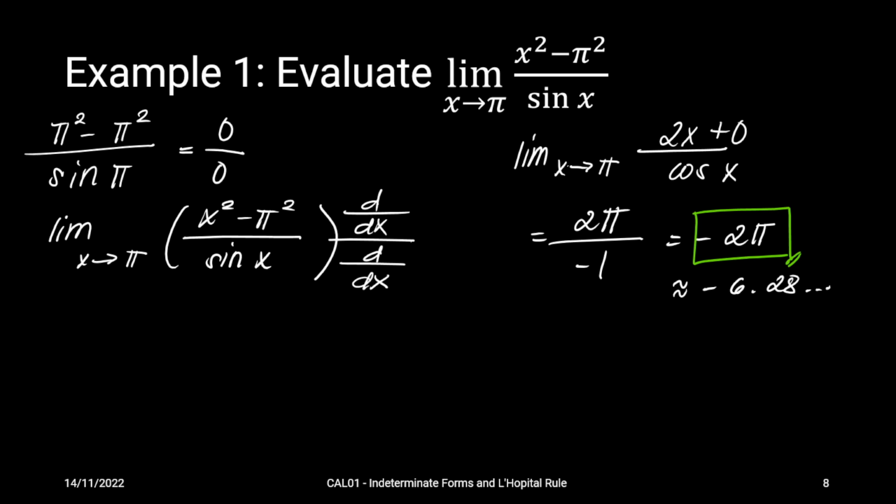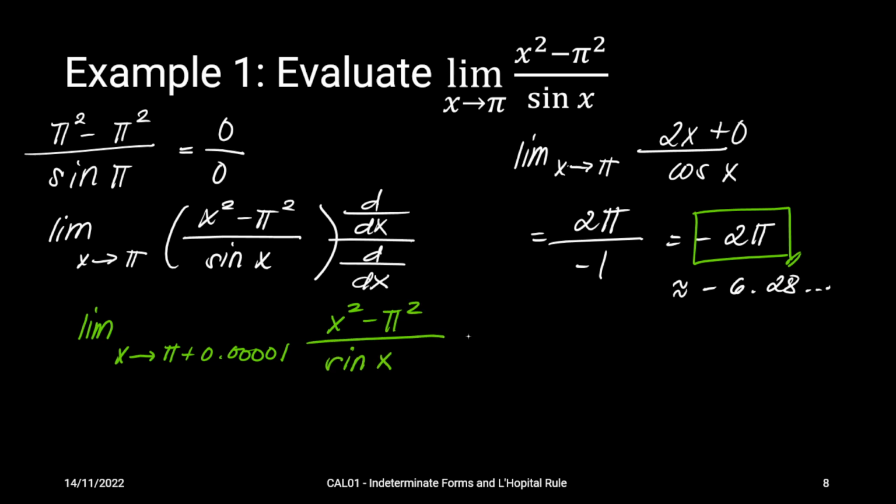So, let us use yung one-sided limit, diba? Yung nagdadagdag ng very small amount of change, or nagbabawas. Say, the limit as x approaches pi plus, let's say, 0.0001 of x squared minus pi squared over sine x.